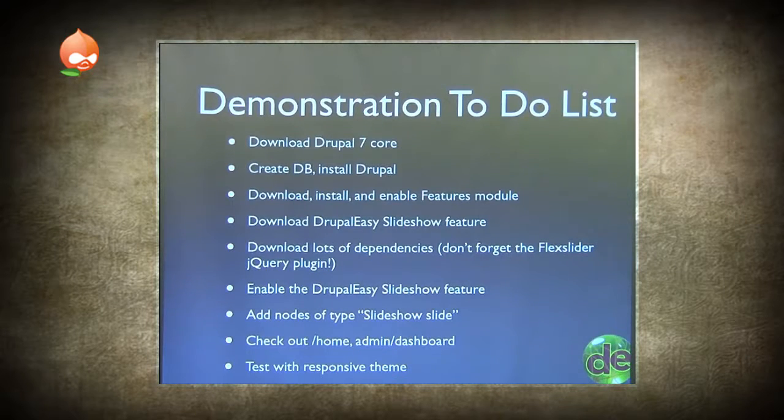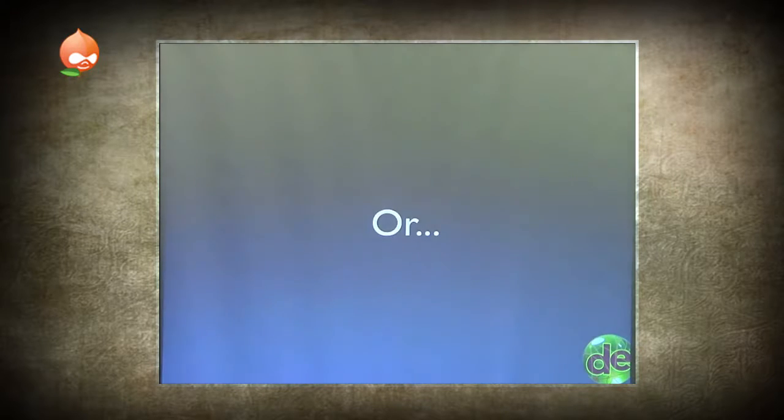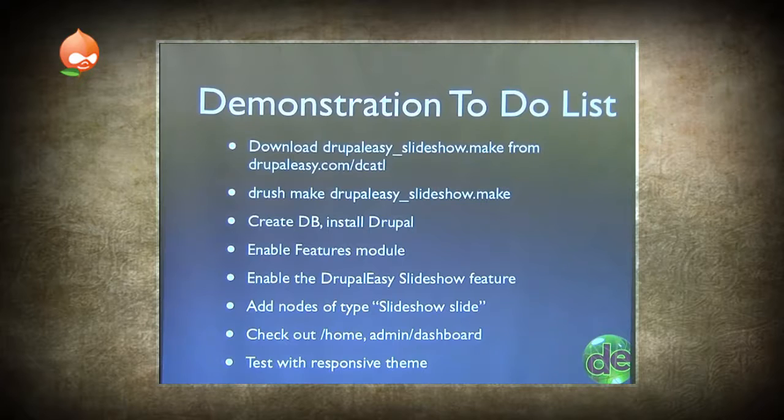So for the demo, I could do all this stuff. I've done part of it. But this is like the non-Drush Make way, and this is kind of where I go down a little rabbit hole and tell you how awesome Drush Make is. If you have Drush on your machine and you haven't used it, this is a good opportunity because I'm giving you everything you need. Basically, all you really need to do is download this make file, run this Drush Make command.